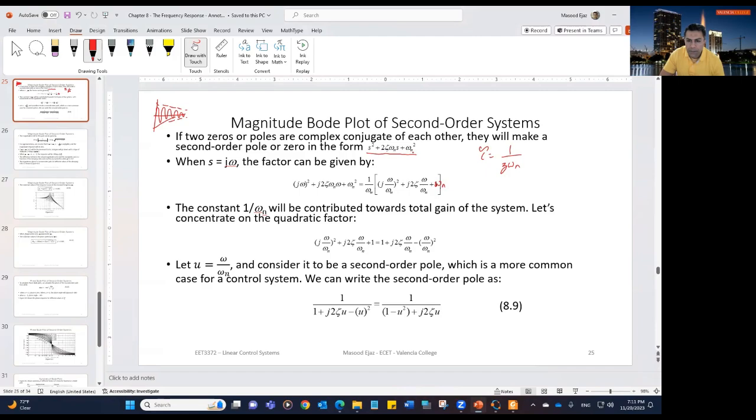This is omega n square, so we take 1 over omega n square out. Actually, we're pulling 1 over omega n square out, that's why I did that. So that should be 1. That's correct. We take it out, not divide it, but take it as a common factor out, basically.